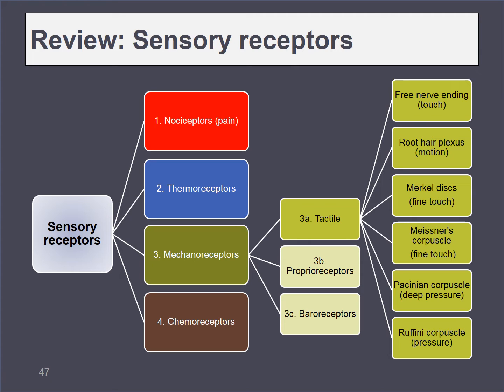Again, I spent most of our time focusing on the nociceptors, which were the type of cell that were activated when we detected pain, pain, of course, being the perception. But there were other cell types that could detect other types of information: the thermoreceptors for temperature, a large number of mechanoreceptors for different physical information, and the chemoreceptors, which could detect a specific type of chemical.